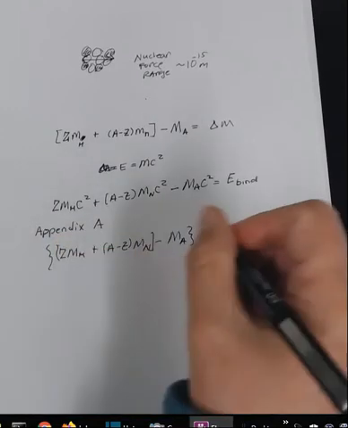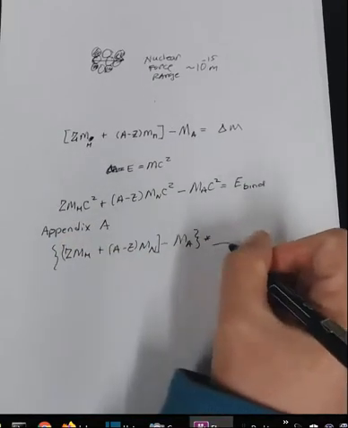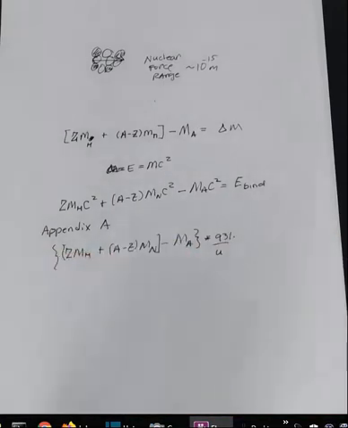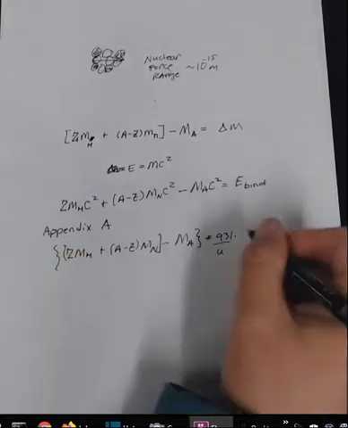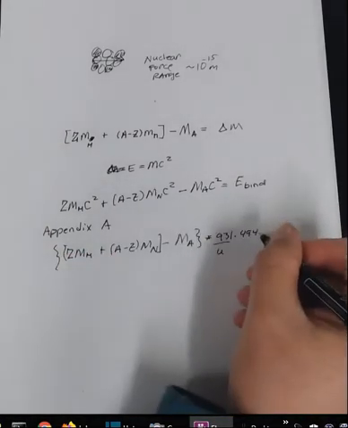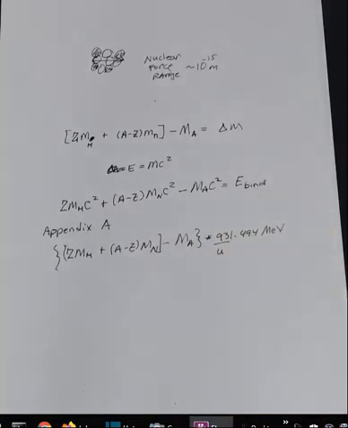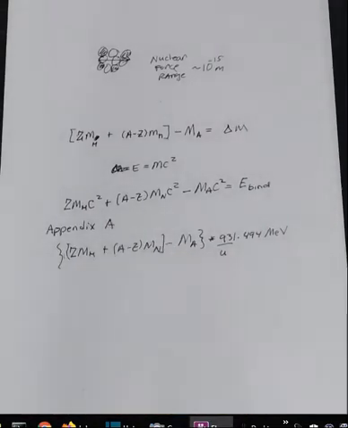One atomic mass unit is 931.494, I think, mega electron volts, so you can convert this into mega electron volts. That's like putting in a c squared and everything, but we just ignore that.